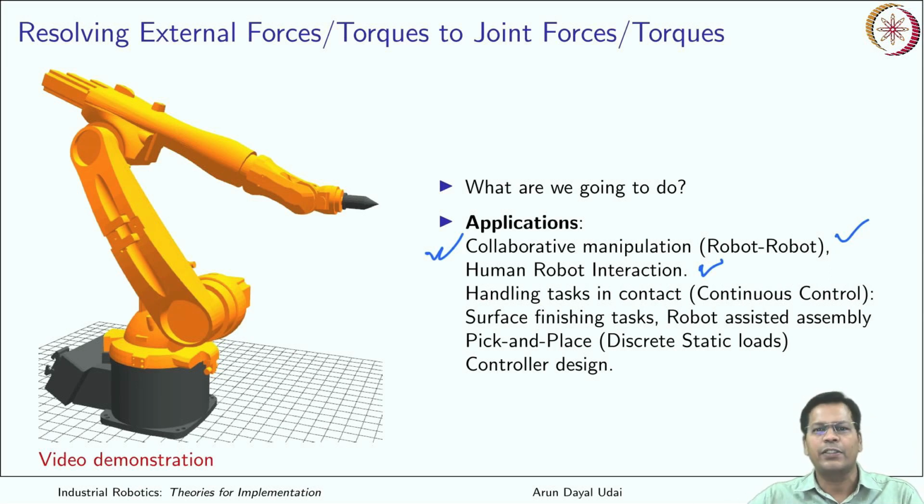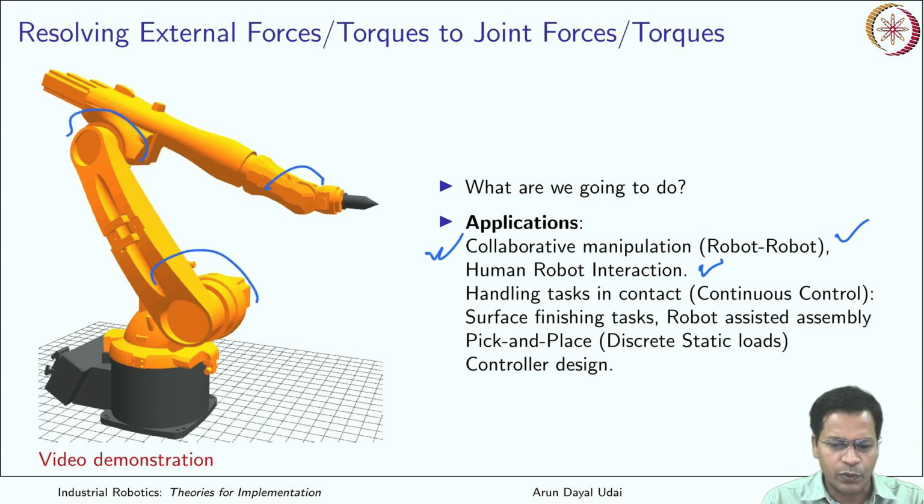You want to grind it uniformly all over the surface, so wherever your robot goes on the surface, you have to maintain the same constant force against it. In order to do that, you have to have constantly changing torques at the joints. All the joint torques will now produce the end effector force which it is trying to maintain. So this is an additional torque.